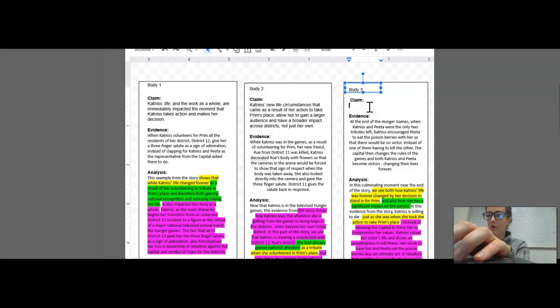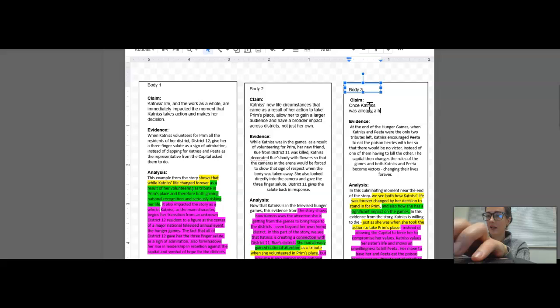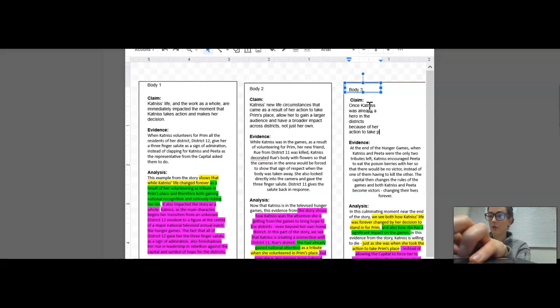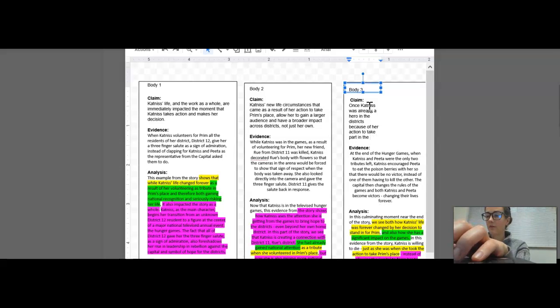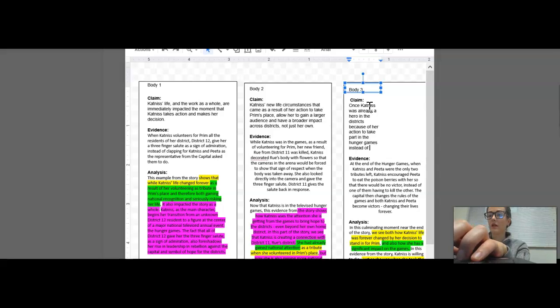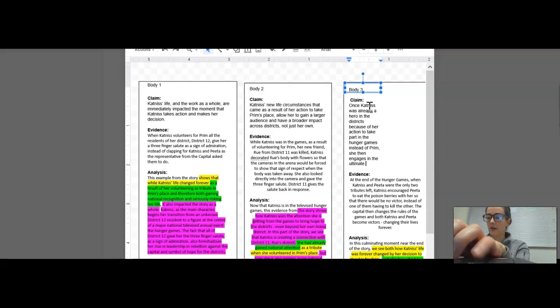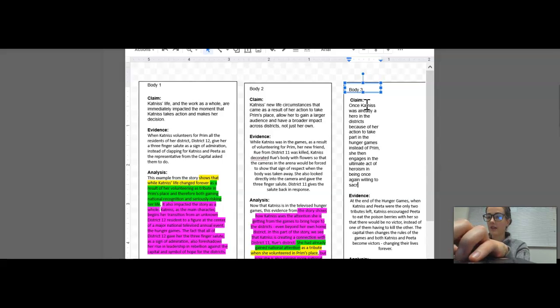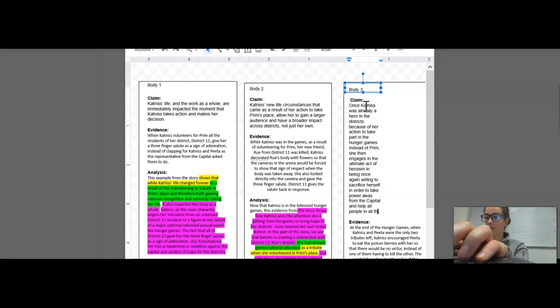So I'm going to say, once Katniss was already a hero in the districts because of her action to take part in the Hunger Games instead of Prim, she then engages in the ultimate act of heroism in being once again willing to sacrifice herself in order to take power away from the Capitol and help all people in all the districts.